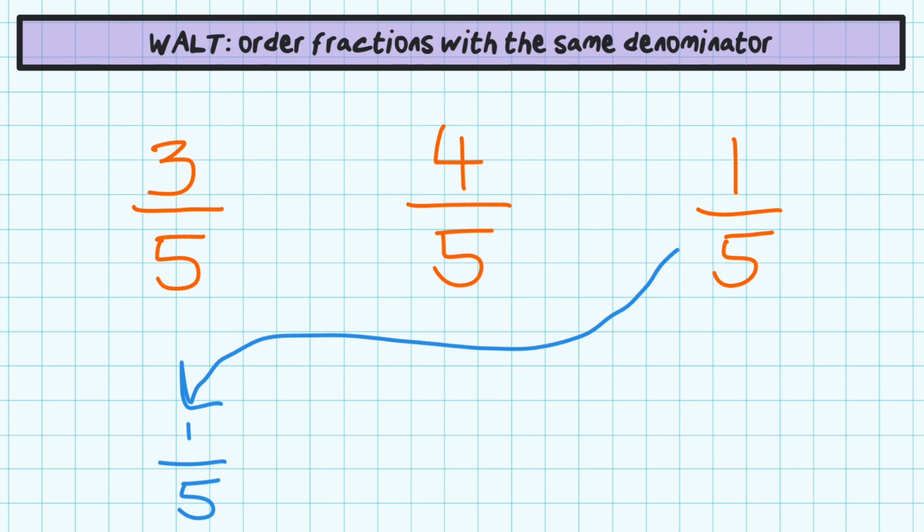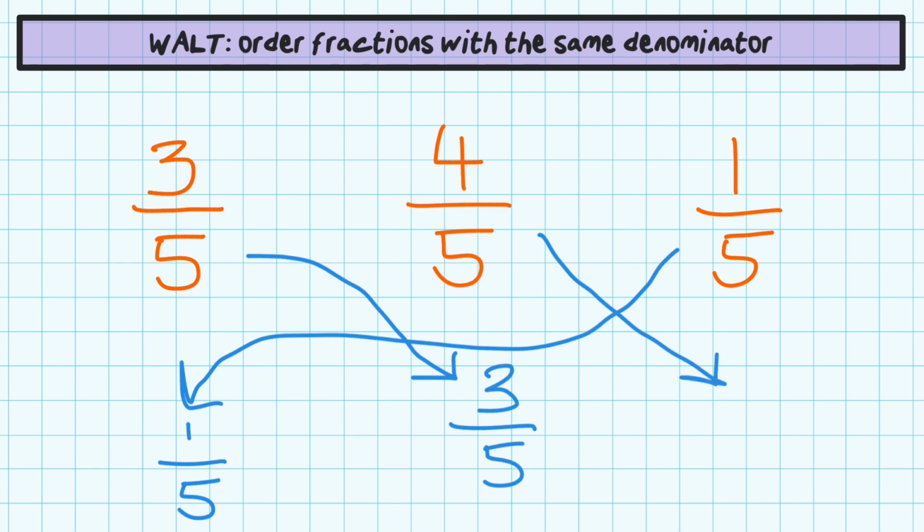Our next biggest one is going to be 3/5. It's got 3 pieces out of 5 coloured in. It's bigger than 1/5, and it's smaller than 4/5. So that makes 4/5 our biggest fraction compared to these other fractions here.